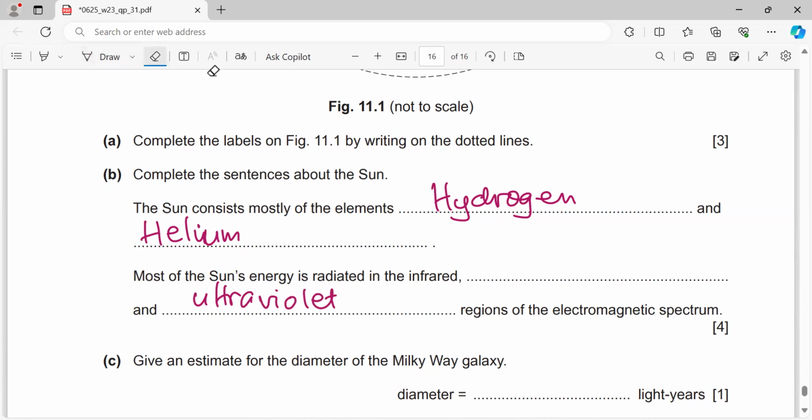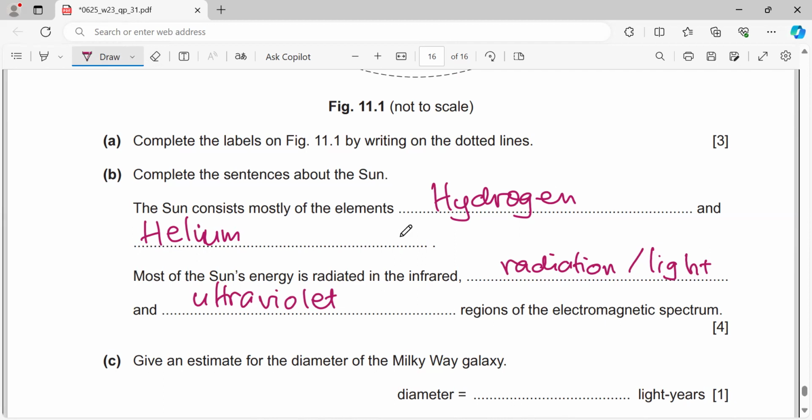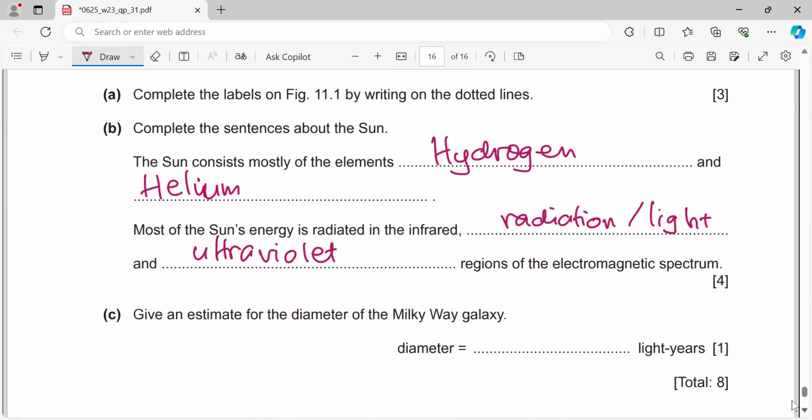Infrared radiation, I mean here, radiation or light. Next, give an estimate for the diameter of the Milky Way. 100,000.